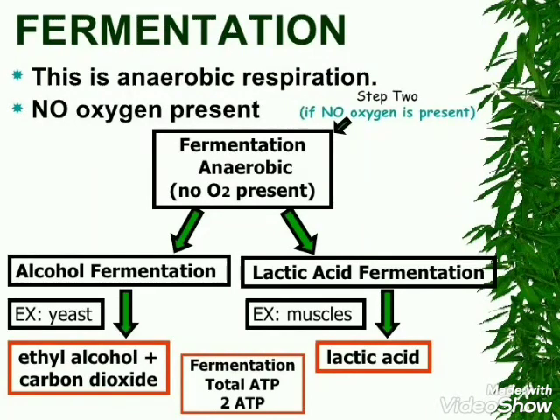Only 7% of the energy is released in fermentation, that is, 2 molecules of ATP are formed in fermentation or anaerobic respiration, which is very little as compared to oxidative respiration.